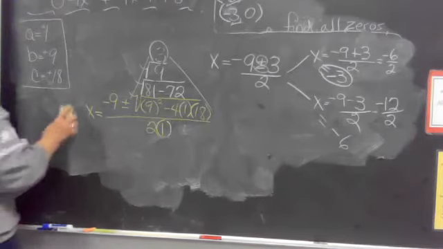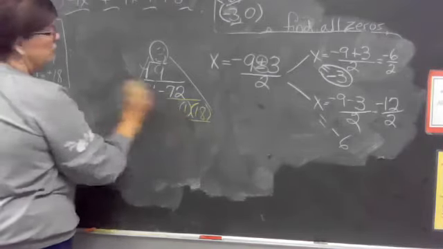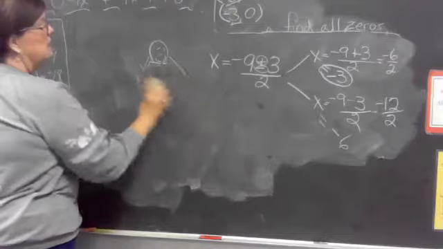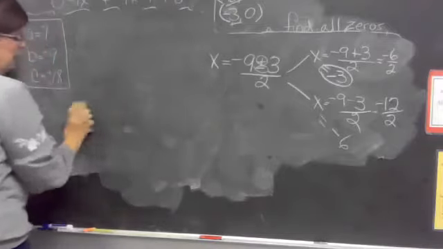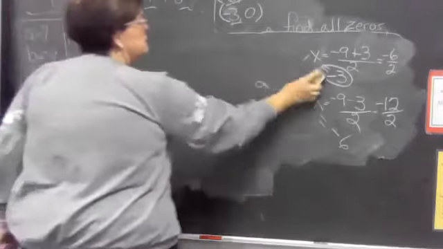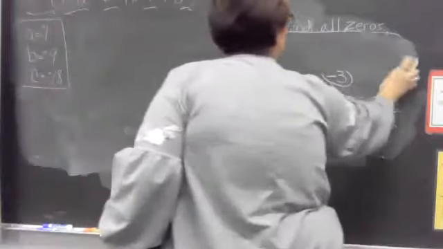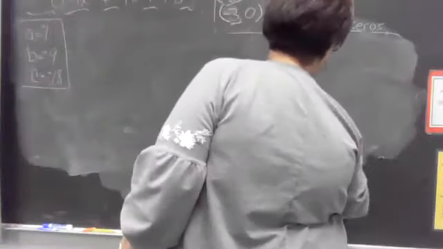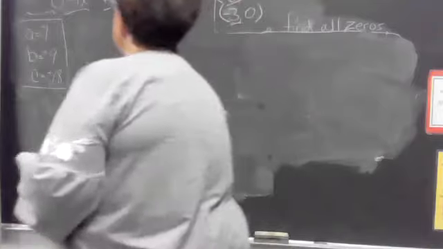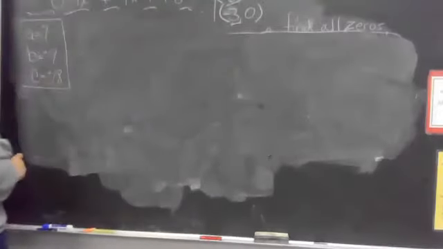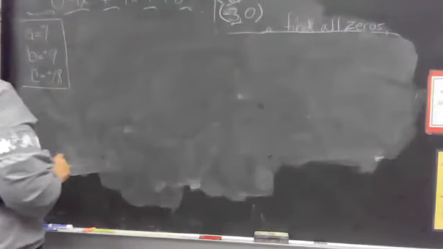Okay, I'm erasing this part because we found our x-intercepts. Now we need to find our vertex. It looks like a lot, but when you start doing it, it's really not.